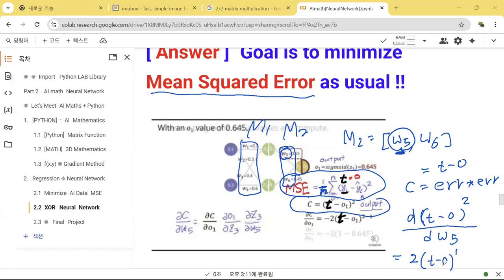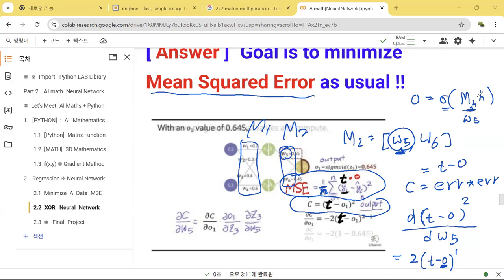And also, what is O? O is output. Output is what? Sigmoid of, yeah, output value is M2 H something like that. Okay, this one. So this output is related to this M2. There is W5 over there.